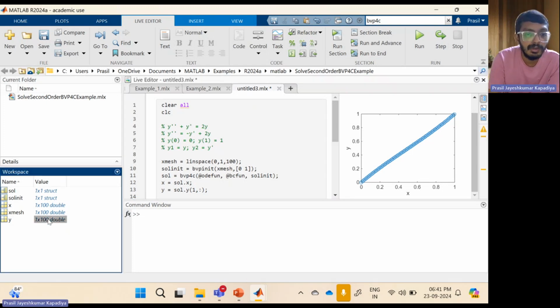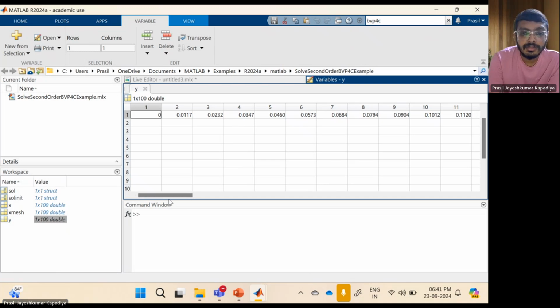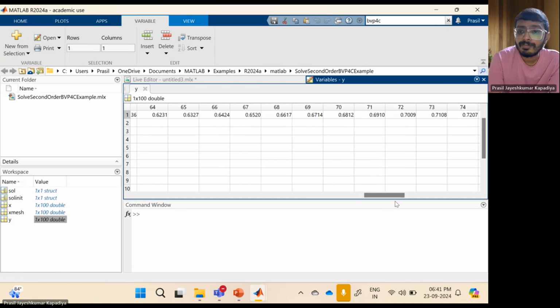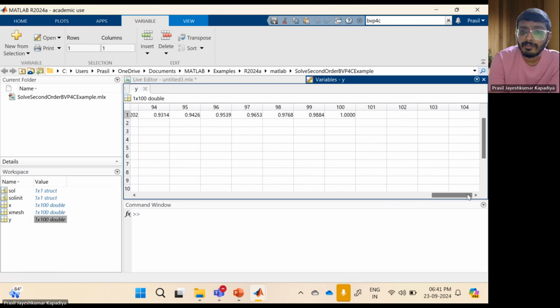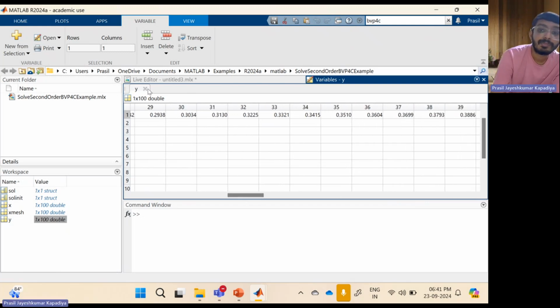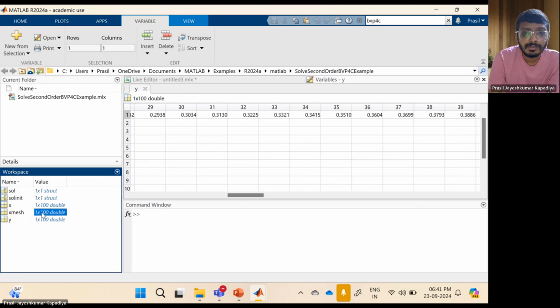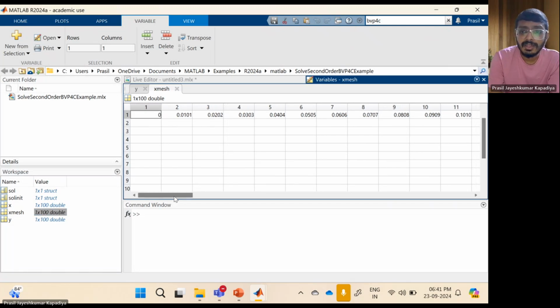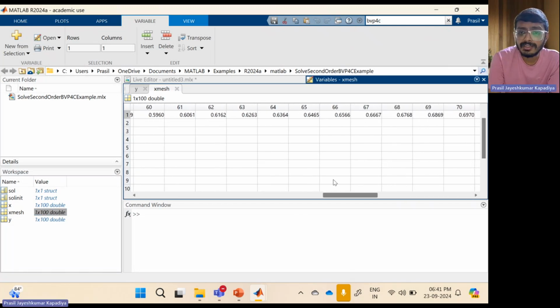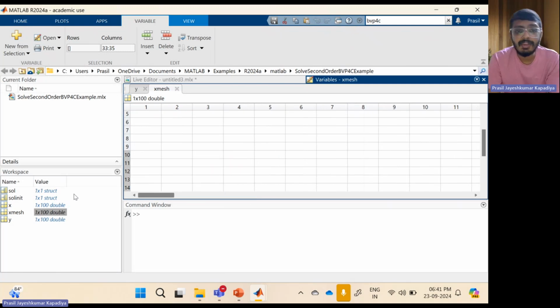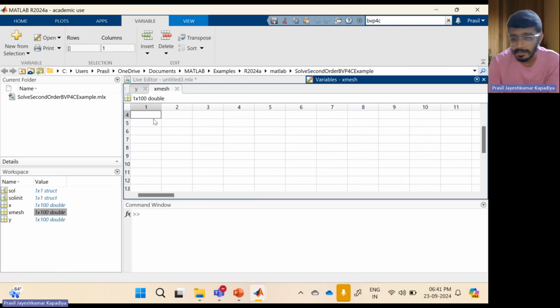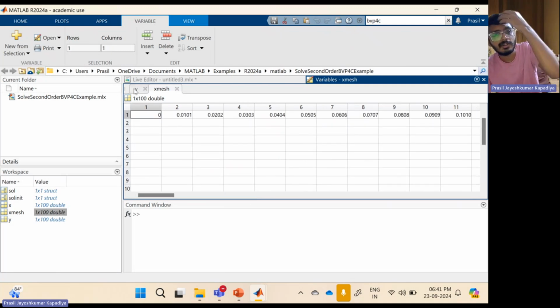If I see the solution, it's not exactly varying with x. It's not exactly directly varying with x. There is a bit of discrepancy. It's not exactly x.